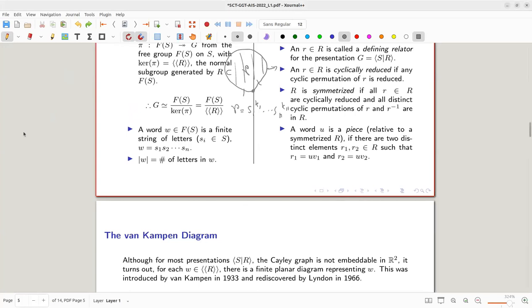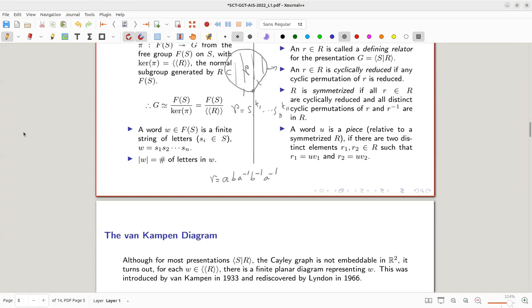So what I meant is, R is a relator, and suppose I take a word, say A B A inverse B inverse A inverse. Suppose this is my relator.